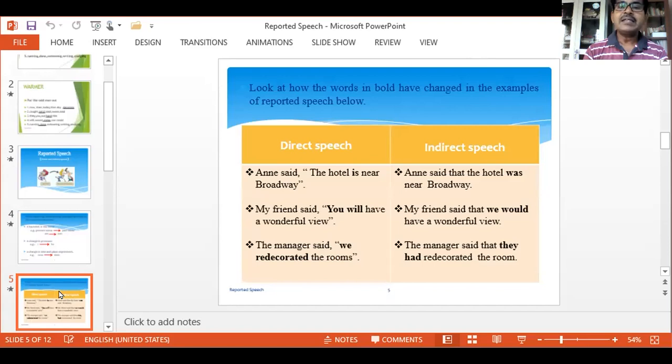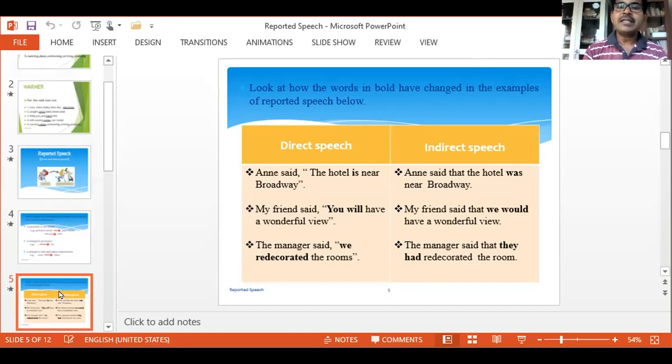That is the present tense verb. What happens when you change that into an indirect statement? Anne said that the hotel was near Broadway. You add "that" to connect these two sentences. Look at the change: is becomes was. Changes in the tense: present tense becomes past tense.